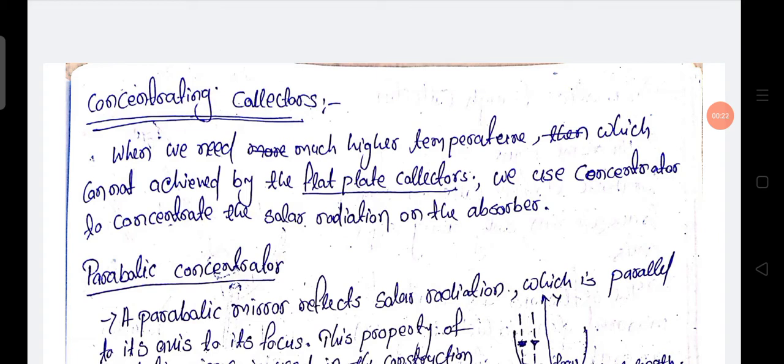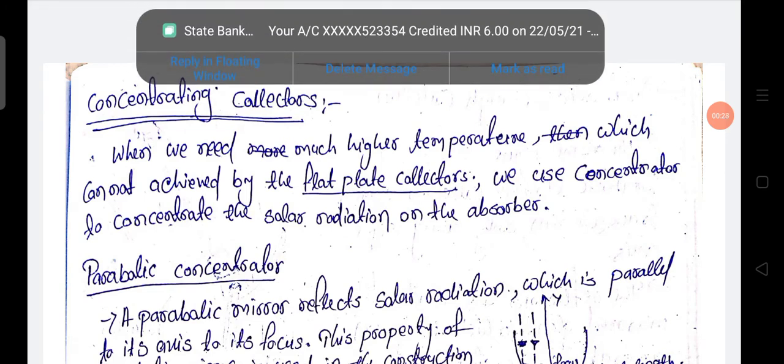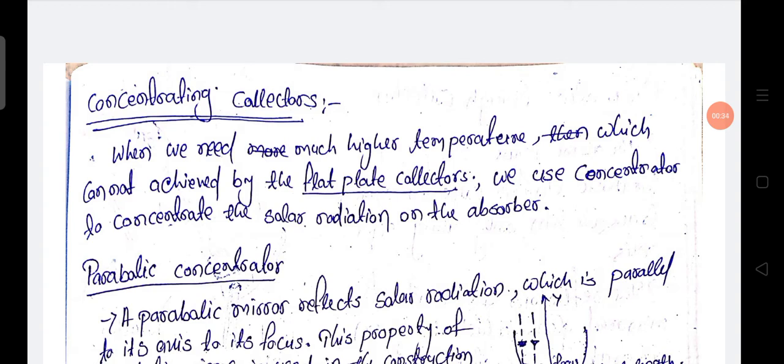The demerit of the flat plate collector is that it cannot provide the high amount of heat energy which is required for some work or some industries. When we need much higher temperature, which cannot be achieved by flat plate collectors, we use a concentrator.